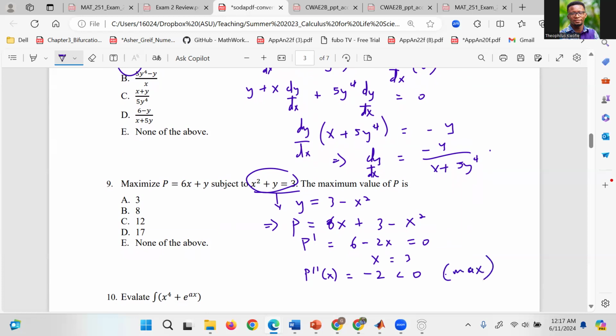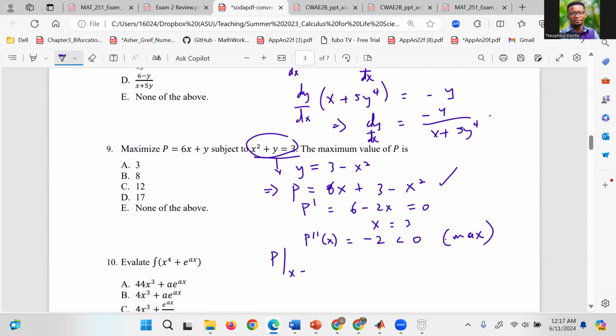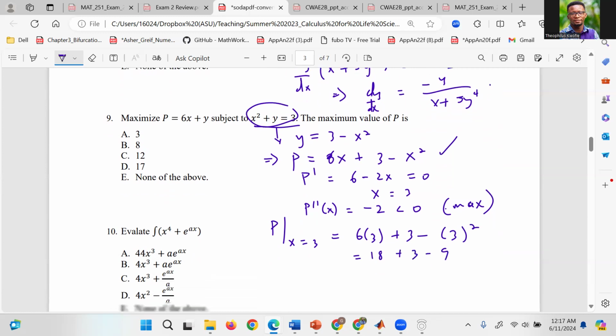But then we have to plug it into the main function, which is this. We plug the critical point, which is 3, into the main function, and that will give us what? So this is 18 plus 3 minus 9.